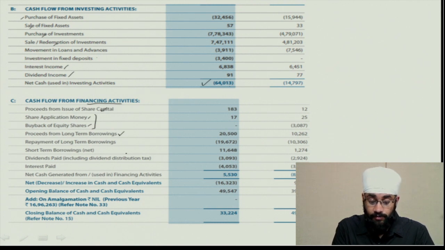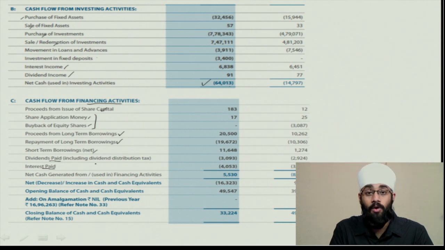These are the loans raised, and these are the repayments of the long-term loans. Then you can also have short-term loans, and then whatever dividends are paid to the equity, whatever interests are paid on the loans, as we discussed earlier, will also fall under the purview of financing activities. Finally, you have the net cash inflow or outflow resulting from part C, which is financing activities.